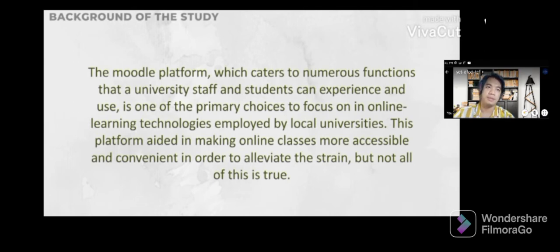The Moodle itself, which caters the numerous functions that a university staff and students can exercise, experience, and use, is one of the primary choices to focus on in an online learning technology employed by local universities.